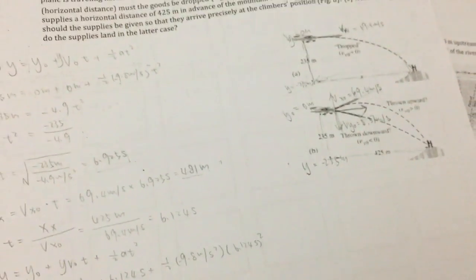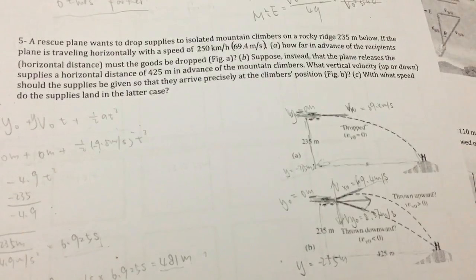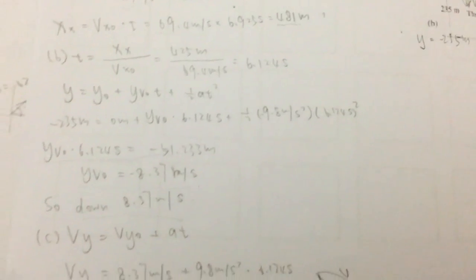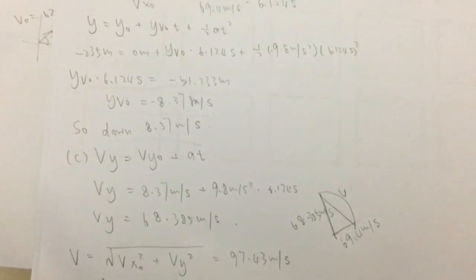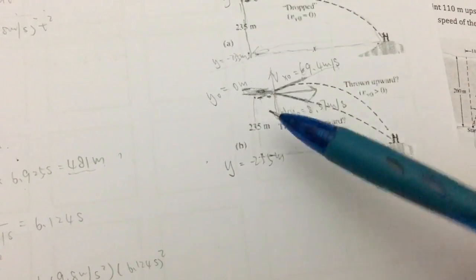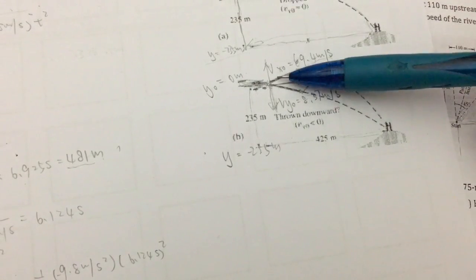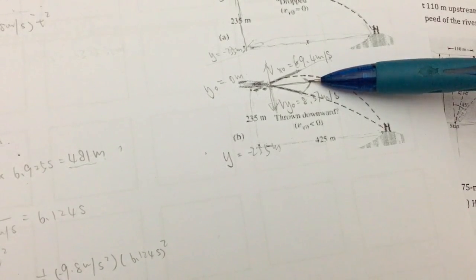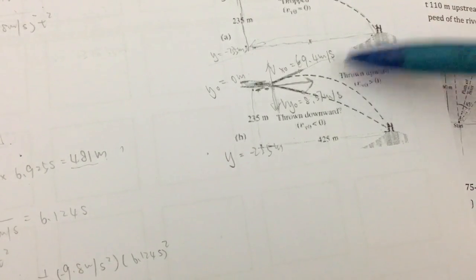Now let's take a look at the next question. With what speed did the supplies land in the latter case? Because we know the initial velocity of the y-axis and the initial velocity of the x-axis, it is easy to calculate the final velocity of the supplies.